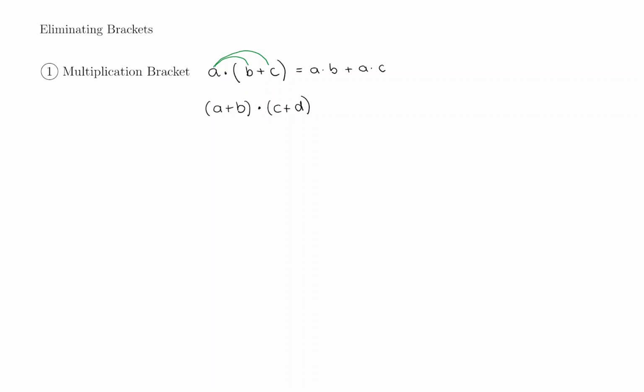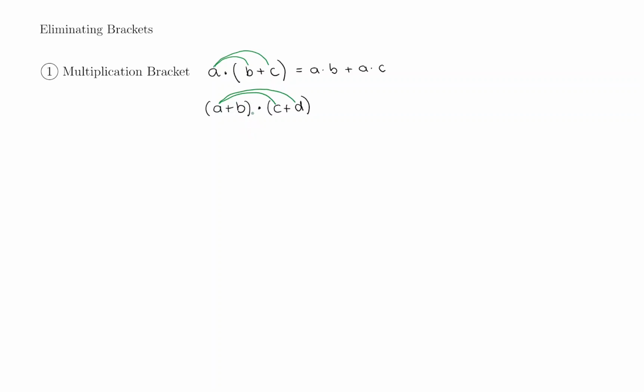So we can adjust a quite similar rule. What we have to do here is we go to the first variable in the first bracket and multiply it by every variable in the second bracket. So we would have to multiply A by C and A by D. And then we continue with the B. And here we do the same thing.